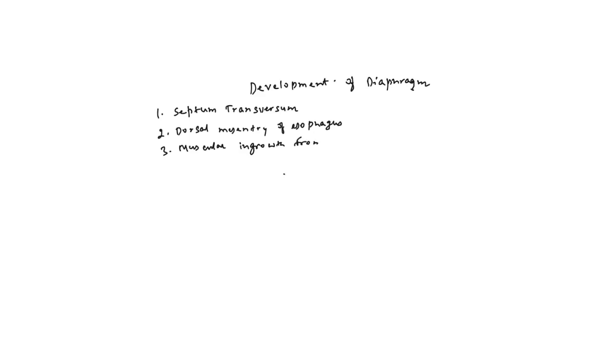First is septum transversum. Second is dorsal mesentery of esophagus. Third is muscular ingrowth from lateral body wall.